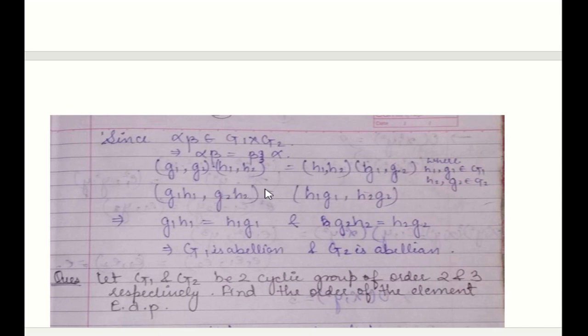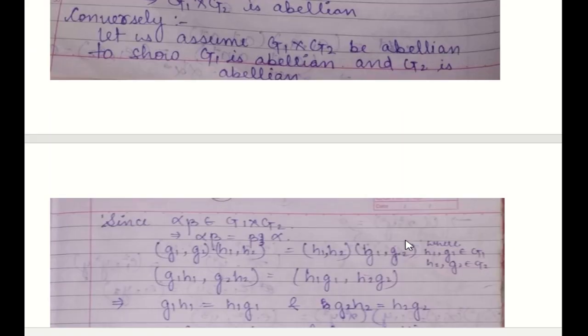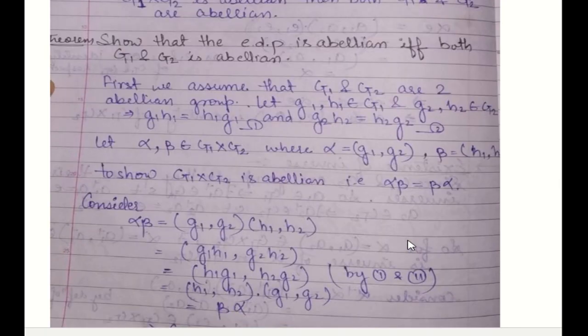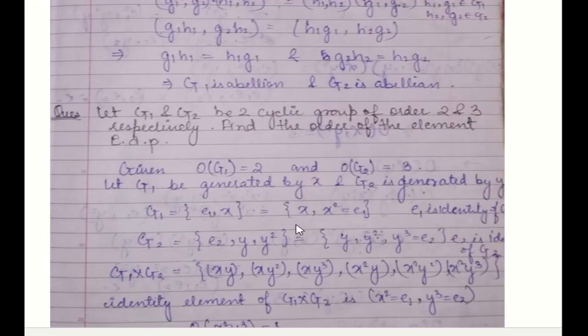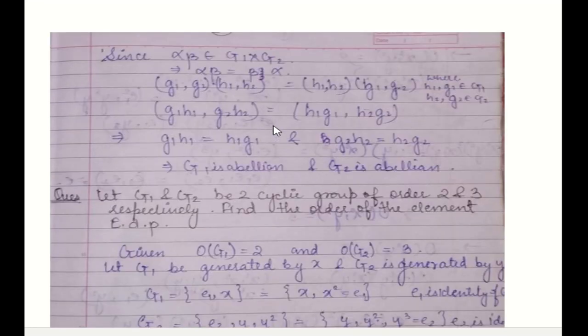But if the two ordered pairs are equal, then their elements will be equal: g1 h1 is equal to h1 g1, and g2 h2 is equal to h2 g2. So by the first we have G1 is abelian, by the second we have G2 is abelian. So we have shown that the external direct product is abelian if and only if both G1 and G2 are abelian. This is the theorem. Now I am going to discuss one question.